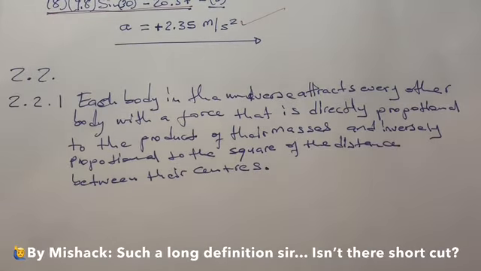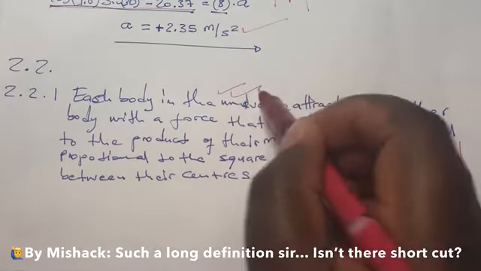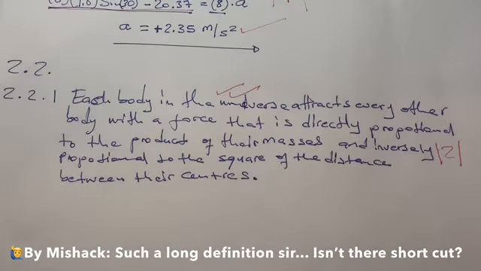Okay guys, so in this way we are done with question 2.2.1, which was allocated 2 marks. By just stating Newton's law of universal gravitation in words, that's how you score your 2 marks.